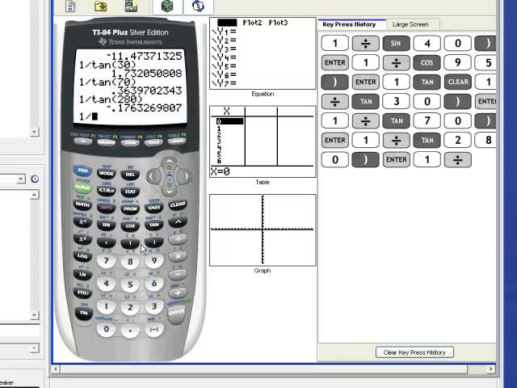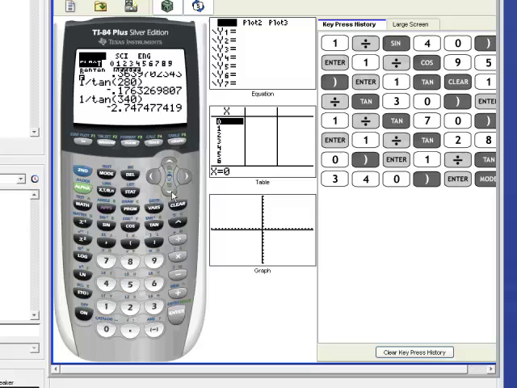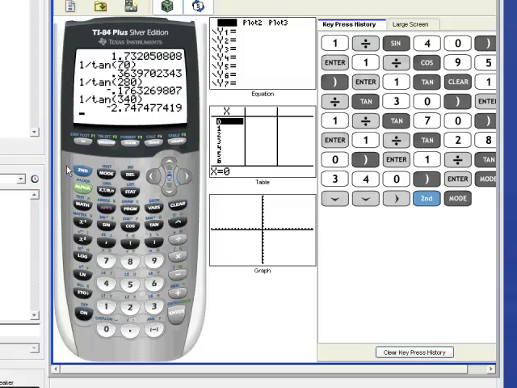So 1 divided by tangent of 340 degrees, negative 2.74. As I said, they can take on the whole real numbers. One thing to point out again, make sure that your mode is in degrees and not in radians. Okay, let's go back to the lecture in Word.